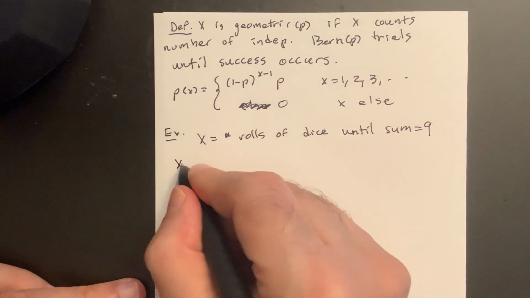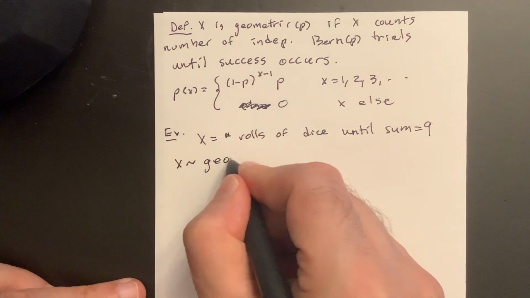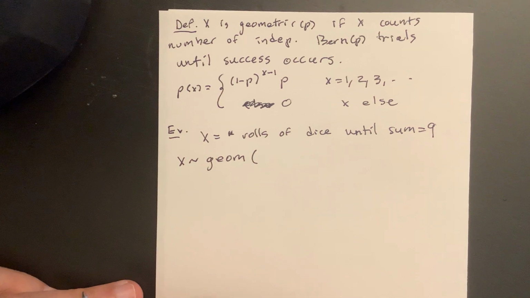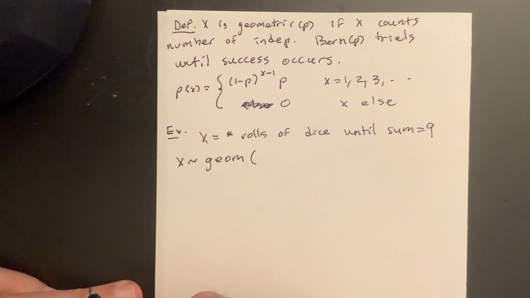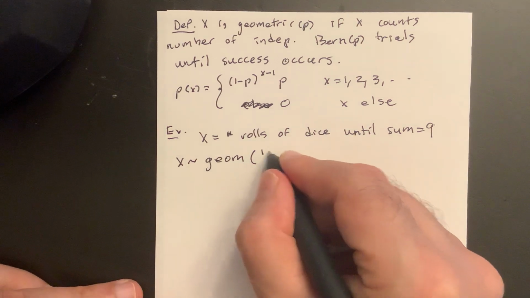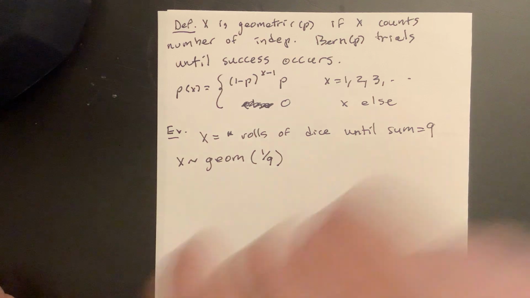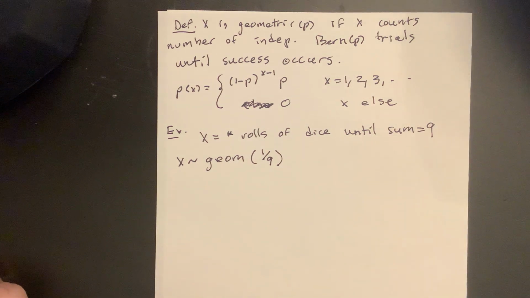Then we would say X is geometric. Probability of a 9 is 4 out of 36, so 1/9.